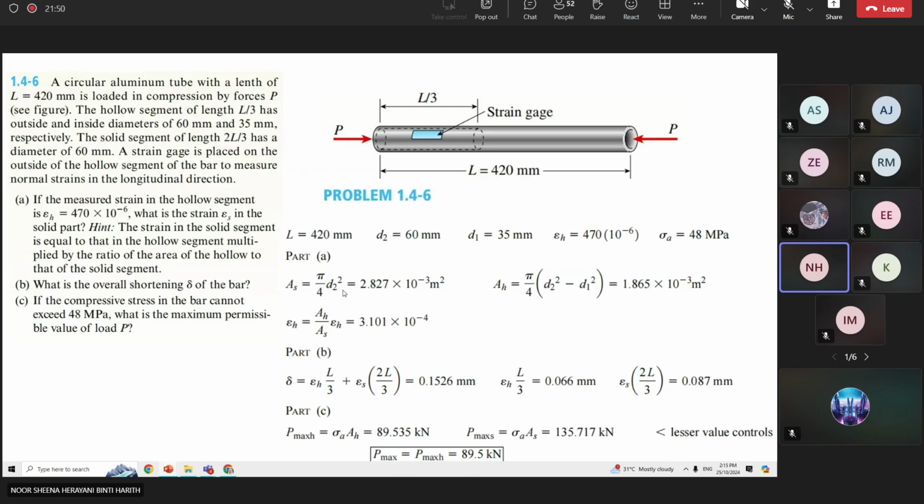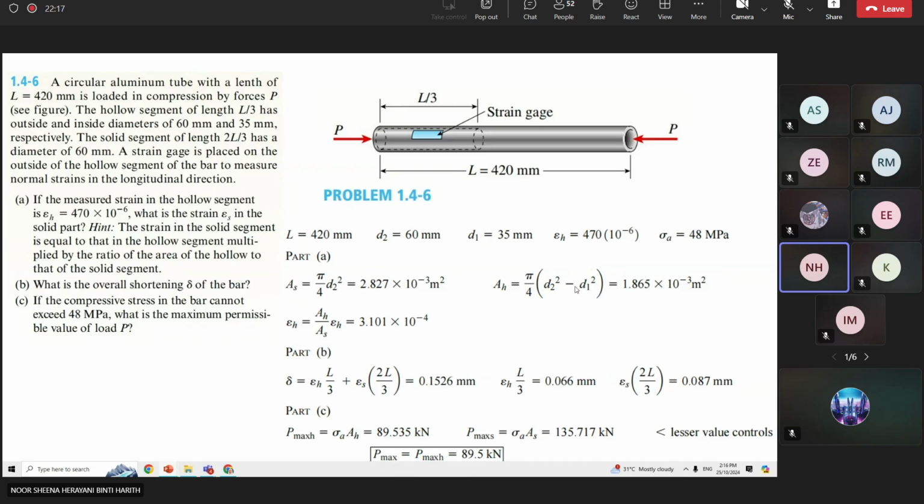So for part A, you have to know the area for the solid segment and then for the hollow segment. For the solid segment, you can get the area because the diameter is already given to you, right? So 60 is the diameter for the solid segment.